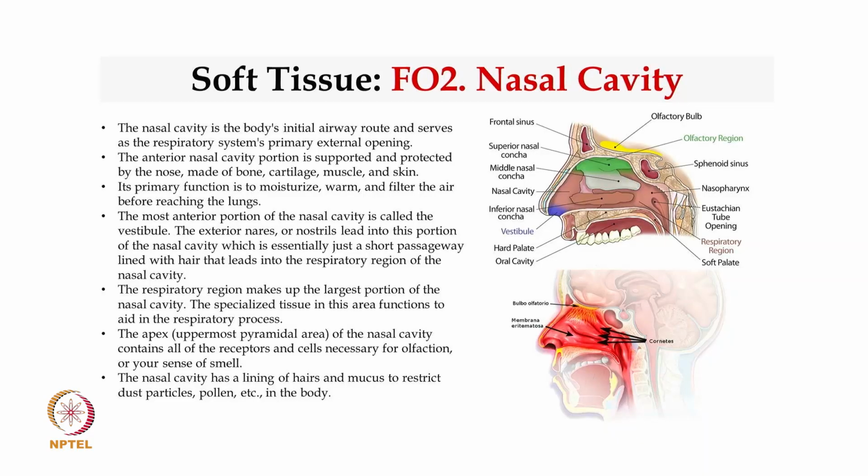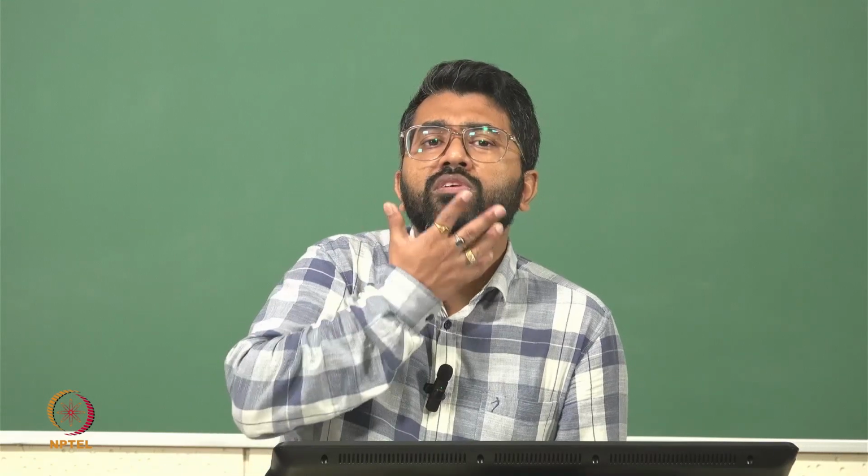Then you have another sinus gland, which is known as the sphenoid sinus. Then you have the nasopharynx, which leads a little bit towards the pharynx, which is the airway going up to the lungs. Then you have the eustachian tube opening, respiratory region, and soft palate. Typically the majority of infections happen in the upper respiratory system.